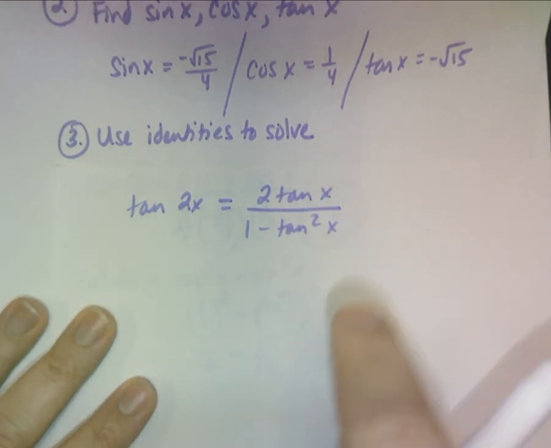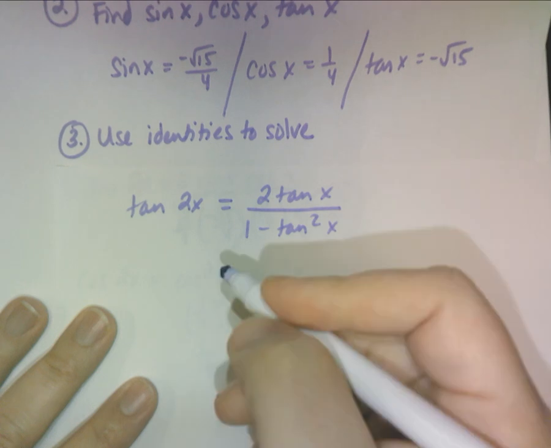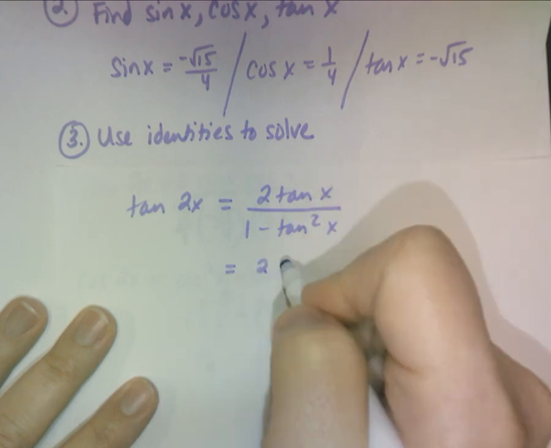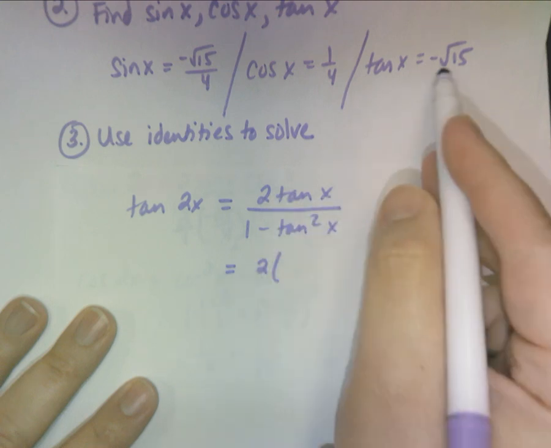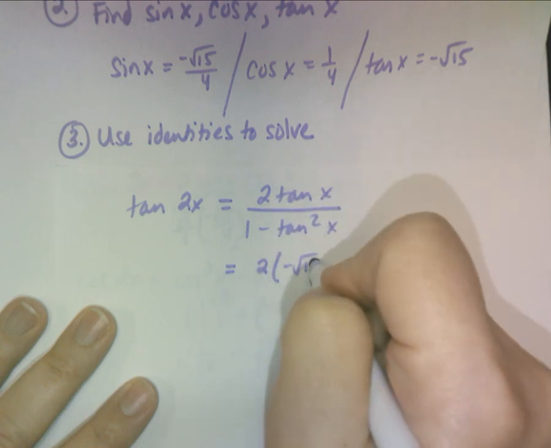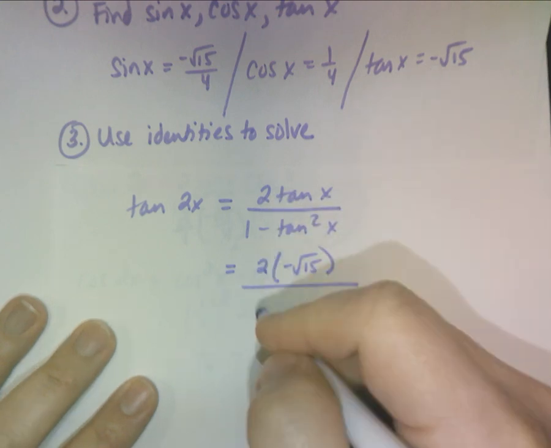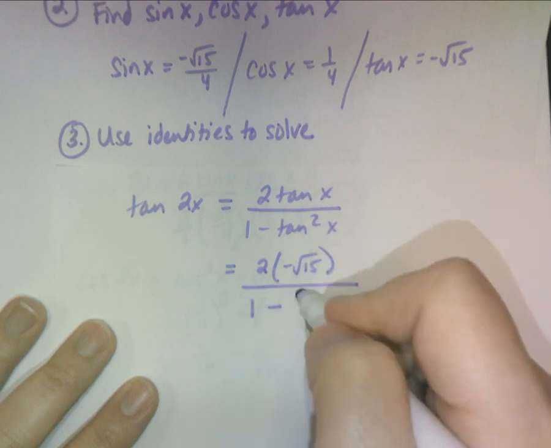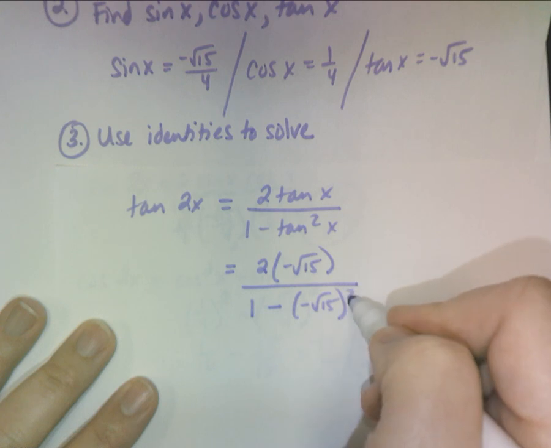Okay, so let's look at negative square root of 15. So this would be 2 times tan of x is negative square root 15 over 1 minus tan x squared. So negative square root of 15 squared.